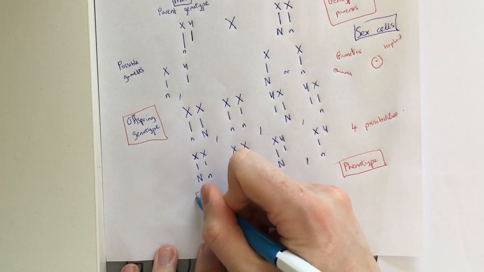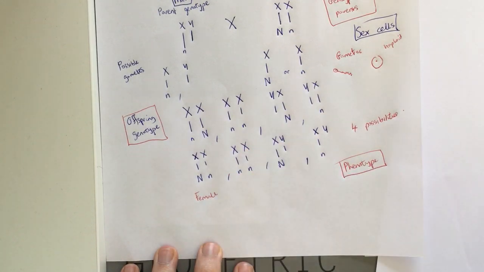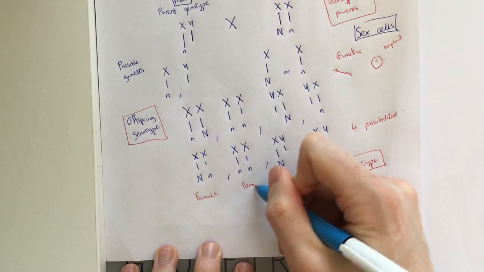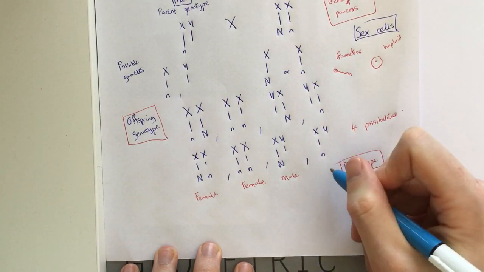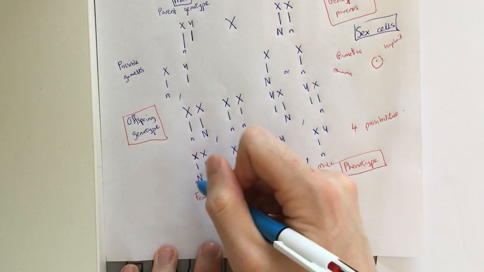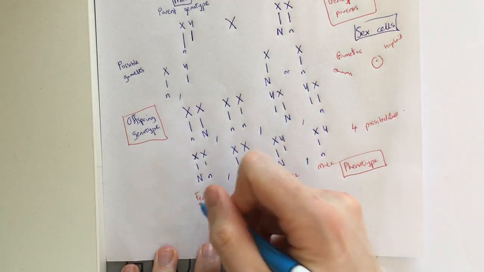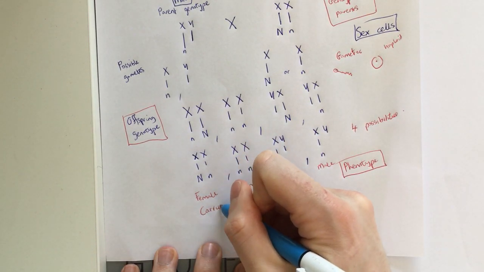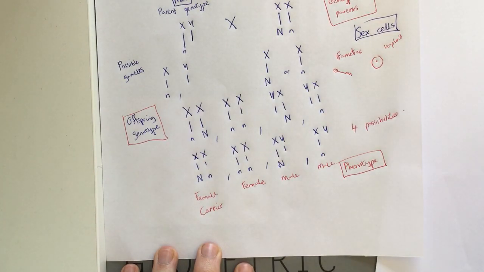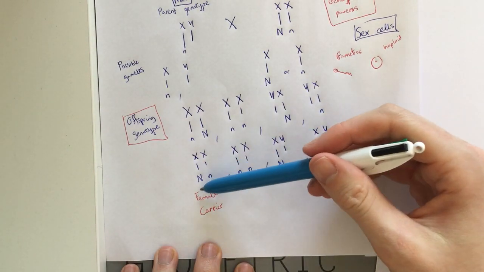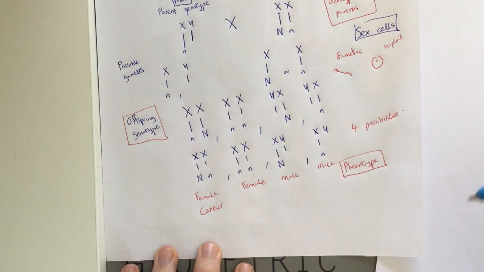This is going to be a female because we have 2 X chromosomes. This is going to be a female because we have 2 X chromosomes. This is going to be male because we have XY, and this is going to be male. If I look here, I have big N, small n, so that is going to be a carrier. That means that she has got the allele for color blindness, but she has a big N, which means she has normal vision.